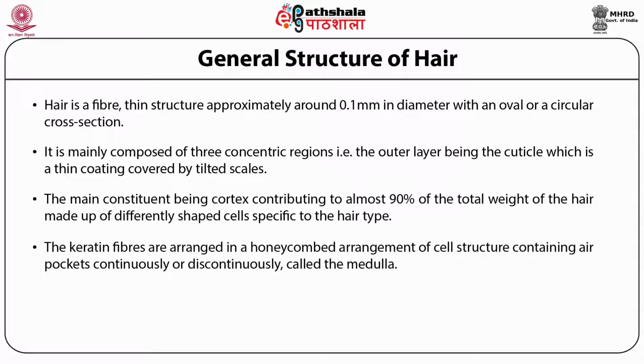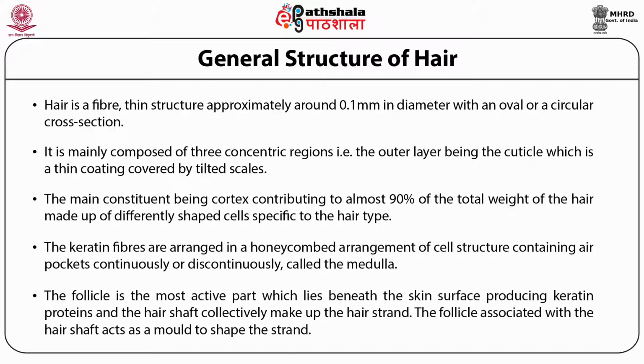They are arranged in a honeycombed cell structure containing air pockets, continuous or discontinuous, called the medulla. The follicle is the most active part, which lies beneath the skin surface producing keratin protein, and together with the hair shaft makes up the hair strand.